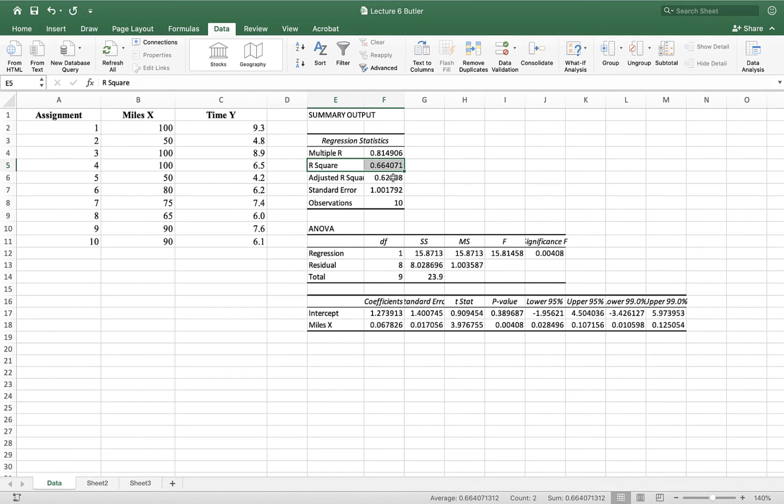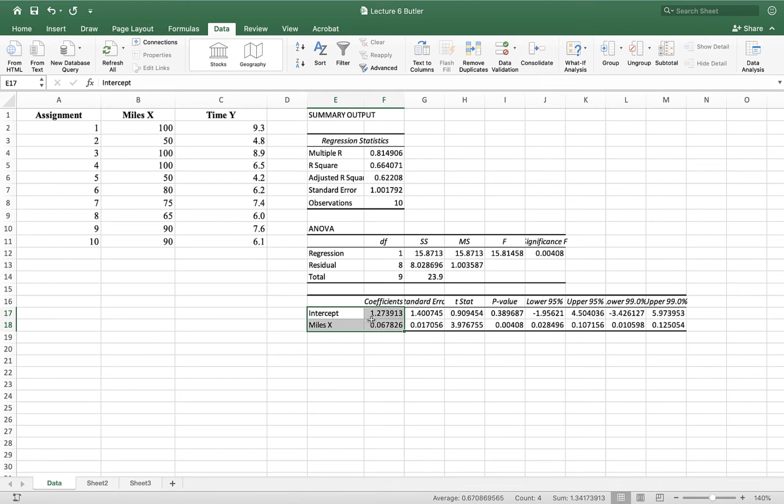So the model is okay, but there are other factors influencing the time it takes to complete your deliveries. The difference between 66 and 100 is about 34, so other factors account for about 34% of the time it takes you to make your deliveries, other than just the miles. And we have the intercept and the slope down here.